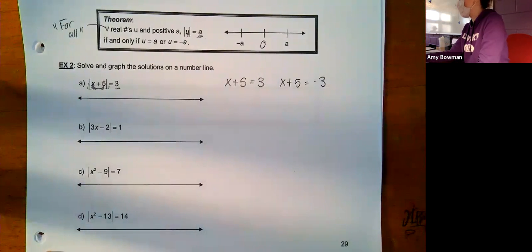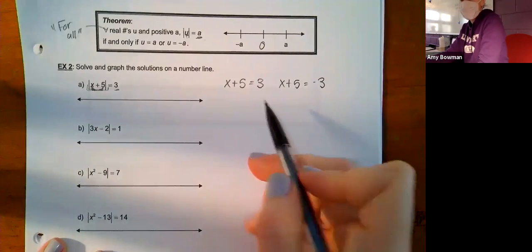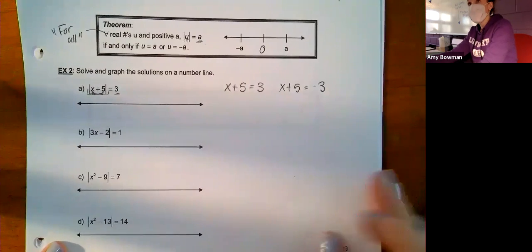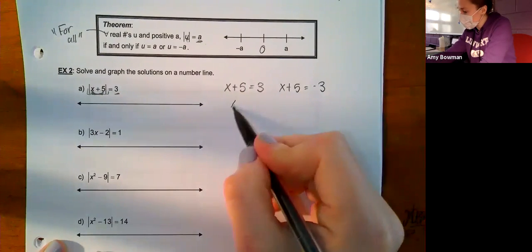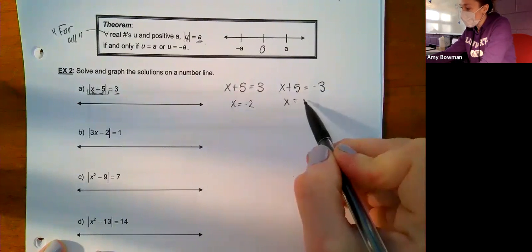And then you just solve both of those situations. So these absolute values are basically breaking up into two different possibilities, two different solutions. So we've got two solutions, x equals negative 2, or x equals negative 3 minus 5, which is negative 8.